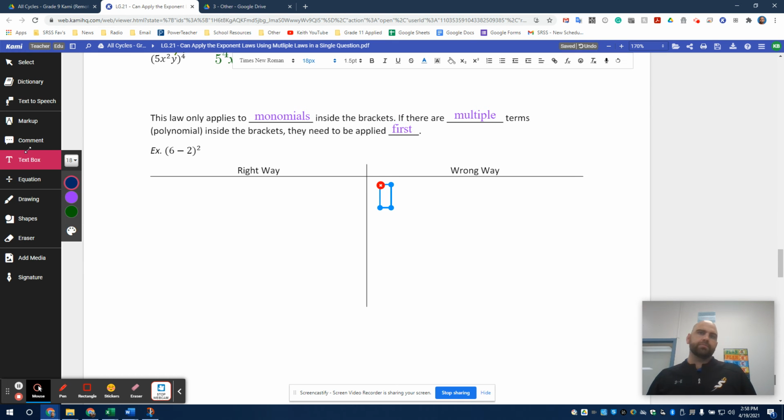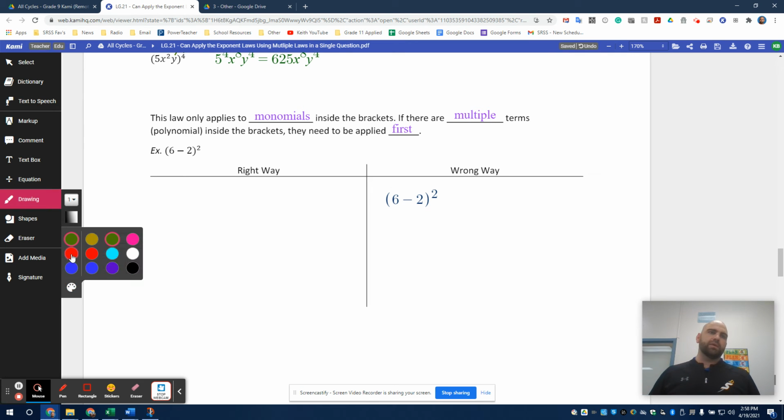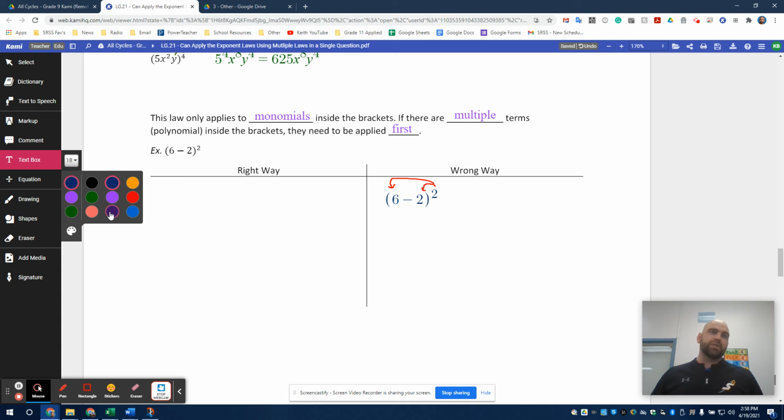So the wrong way, let's write this out again so we can mark it up a little bit. 6 minus 2 squared would be to think that it's the same as a monomial, and that all we're going to do is apply this 2 to both the 2 and the 6. Firstly, we'd be doing negative 2 squared, so that'd be actually positive 4.